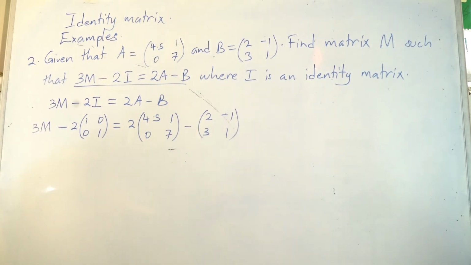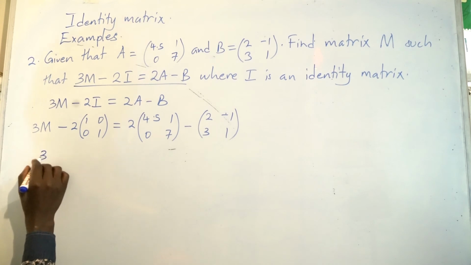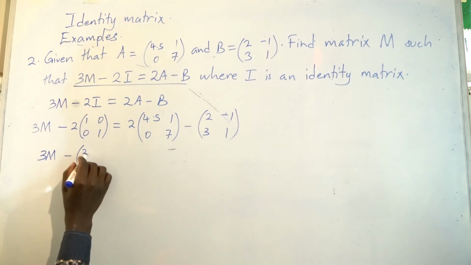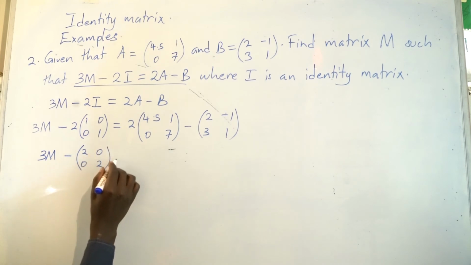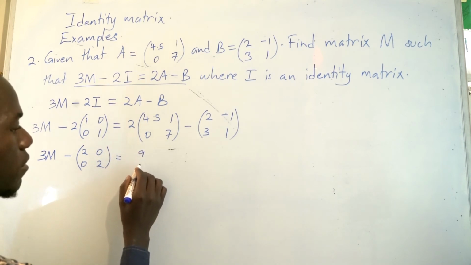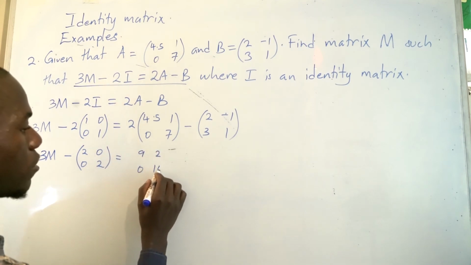I said in mathematics there are so many ways of killing a rat. Someone can first let this matrix to be a, b, c and then d. So as you get the values of a, b, c at the same time, and then you substitute to get your matrix M. So when I continue multiplying there, that is a 2, 0, 0, 2. On the other side, multiplying there, that is a 9, 0, 2, 14.